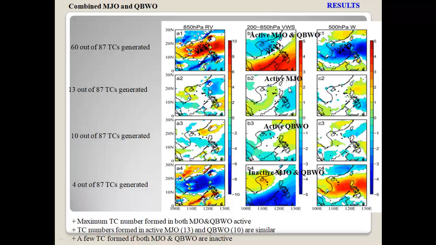In the active phase of MJO alone there are only 13, in the active phase of QBWO alone there are only 10, and finally in the inactive phase of both MJO and QBWO we have only a few, 4 TCs. So these results strongly show the relationship between the activity of MJO and QBWO and the TC genesis.